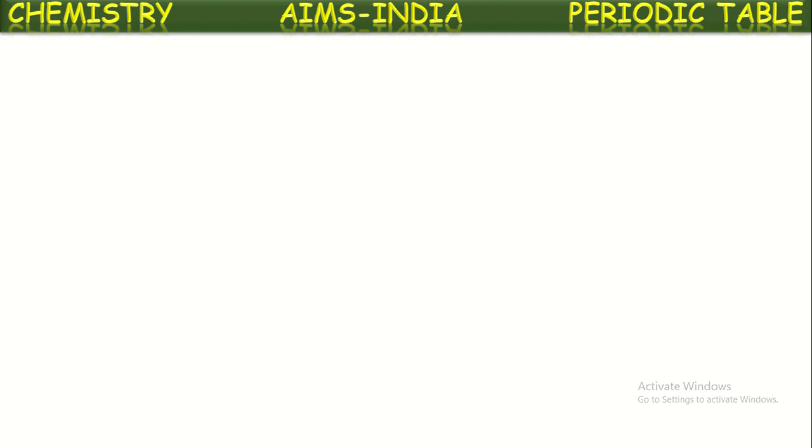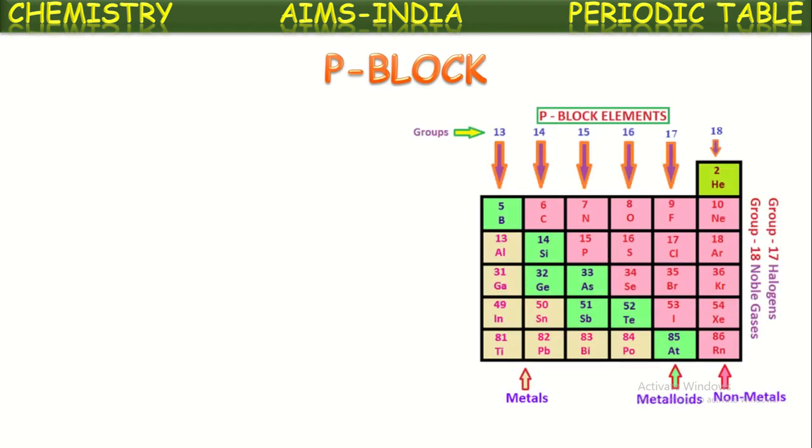Next, p block elements are the last six column elements. Of course, out of these six columns, only helium is an exception, because even though it is extreme right side along with the remaining noble gases, it does not contain p electrons, isn't it? If you observe its configuration 1s2, it has its differentiating electron in the s subshell.